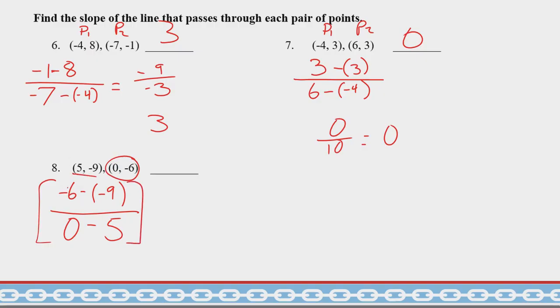My 0 and -6 are stacked. My 5 and -9 are stacked. And then we do our math, right? -6 minus a -9 is +3. And 0 minus 5 is -5. So -3/5.